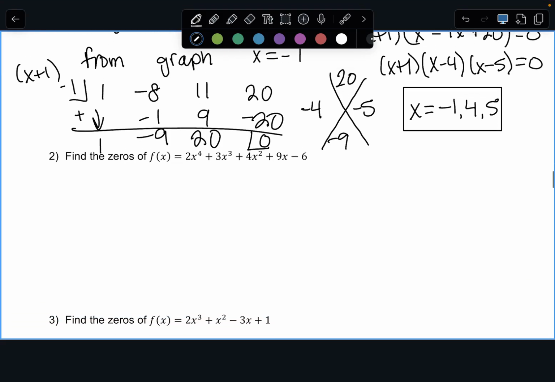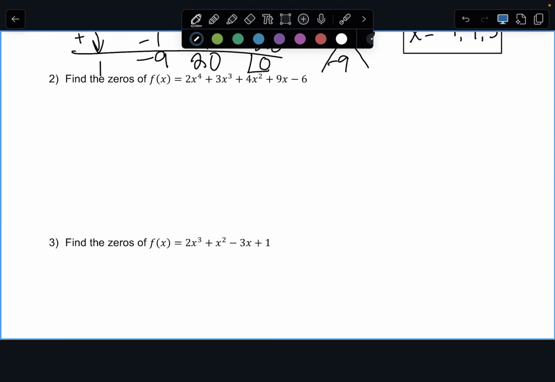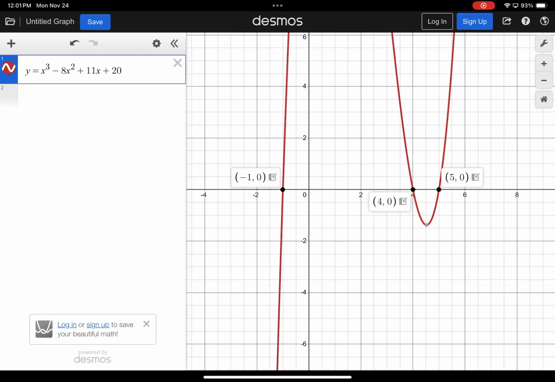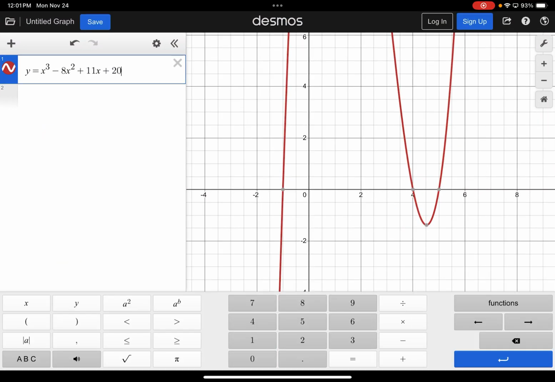Okay. The next one, again, same thing. I have something that I can't factor because it's an odd number, and I'm not given any zeros, so I have to find one. So we're going to graph it and see what we get. So we open up Desmos or your graphing calculator or whatever.